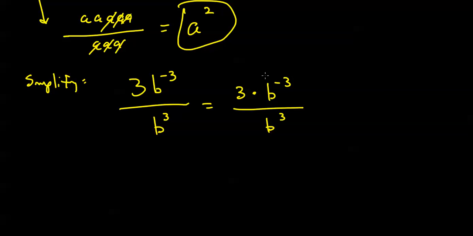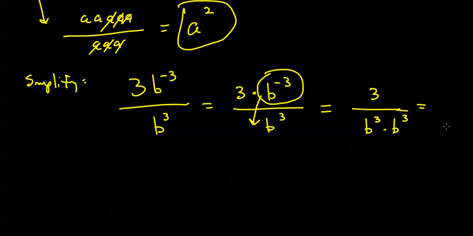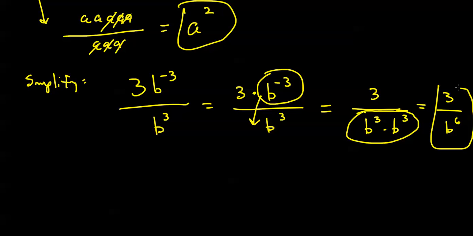And b to the minus 3 power can come downstairs as b cubed, can it not? So I've got 3 divided by b cubed times b cubed. And of course, when I multiply the same base expressions, I keep the same base and add the exponents. So my final return for this problem would be 3 divided by b to the 6th power.